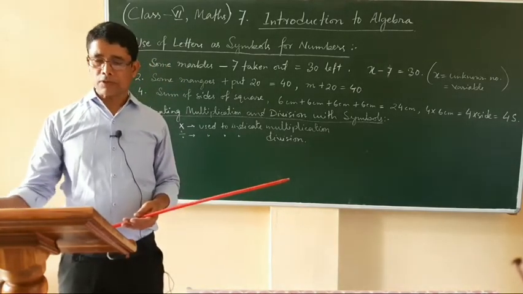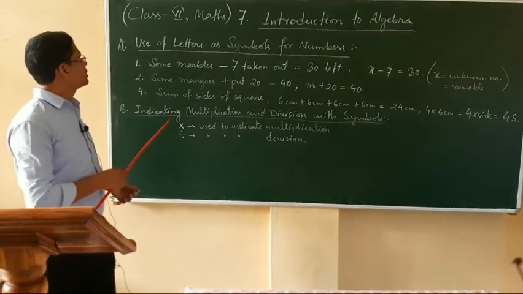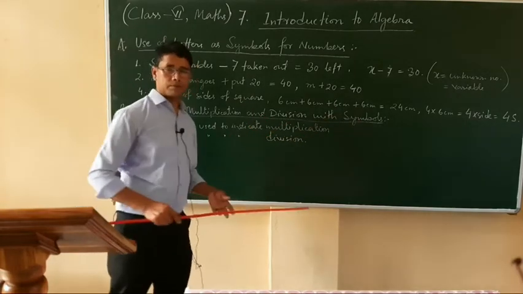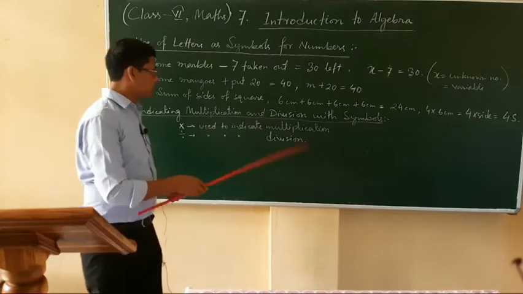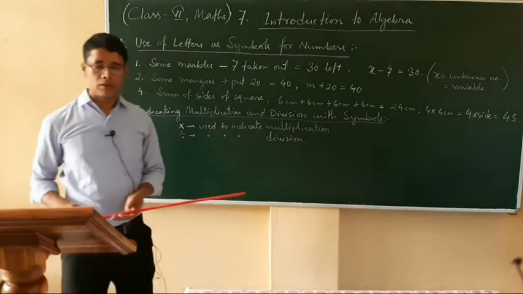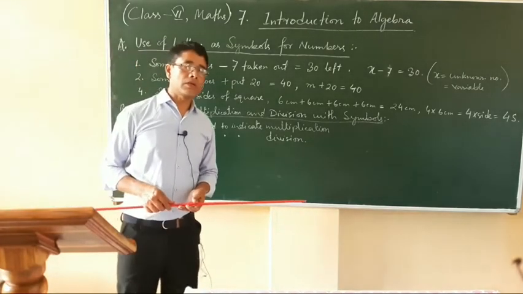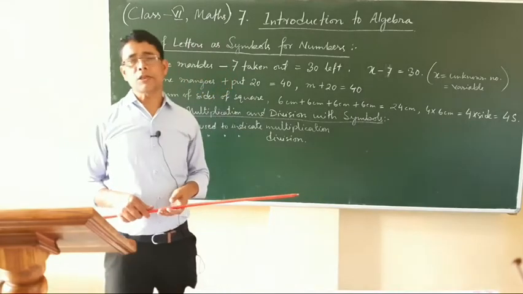Okay. So after this, the next topic that we have is indicating multiplication and division with symbols. Now, how to indicate multiplication and division by using symbols? Children, all of you know the symbol that we use for multiplication. What is it?